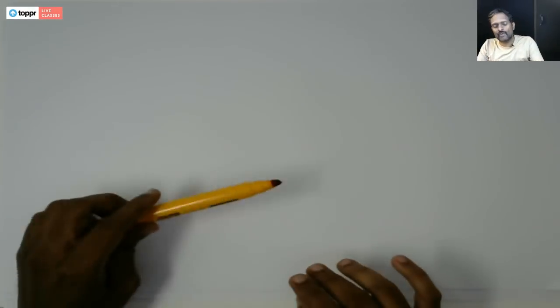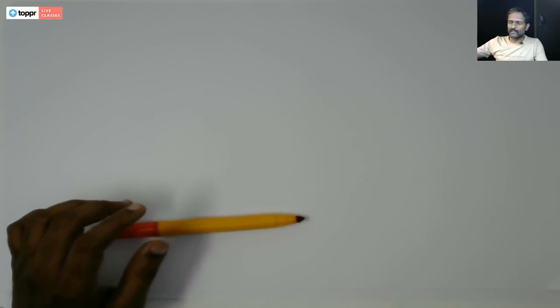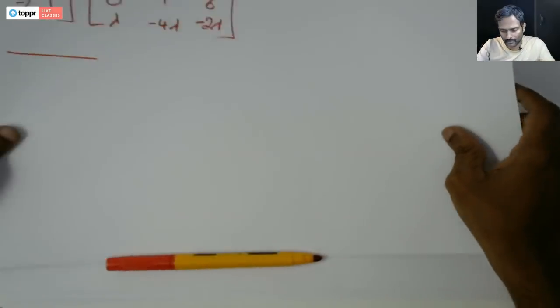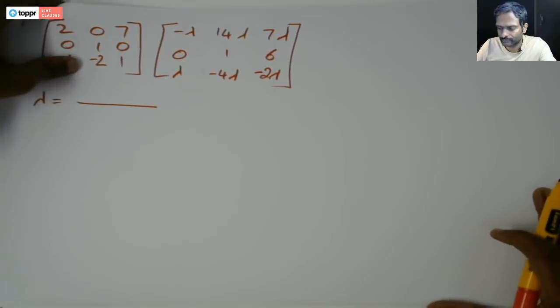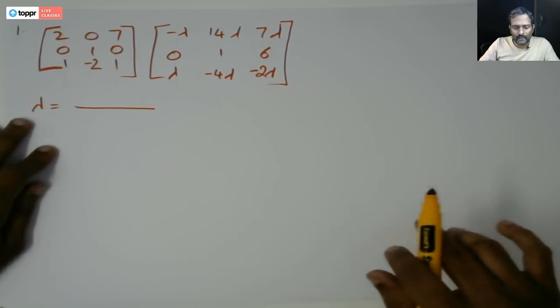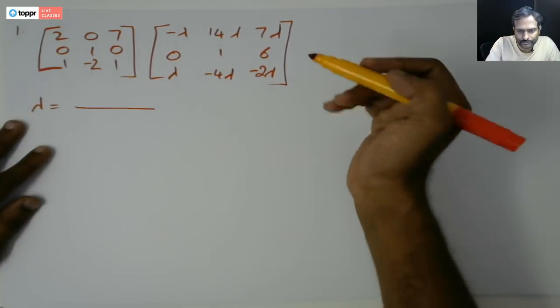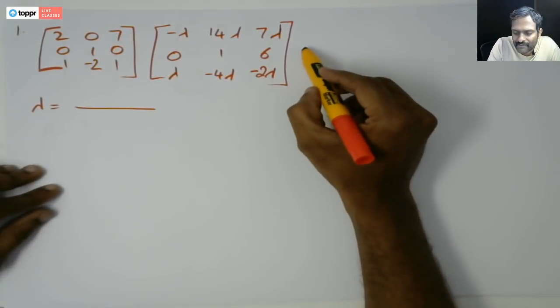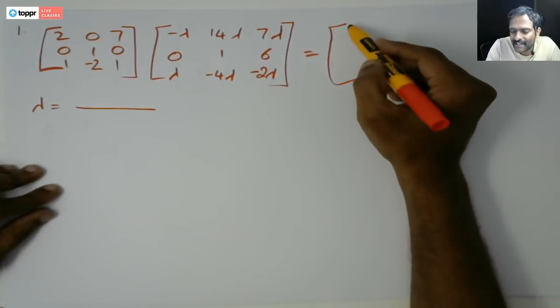Now let us quickly solve some problems on these concepts. The product of the two matrices is given as an identity matrix.